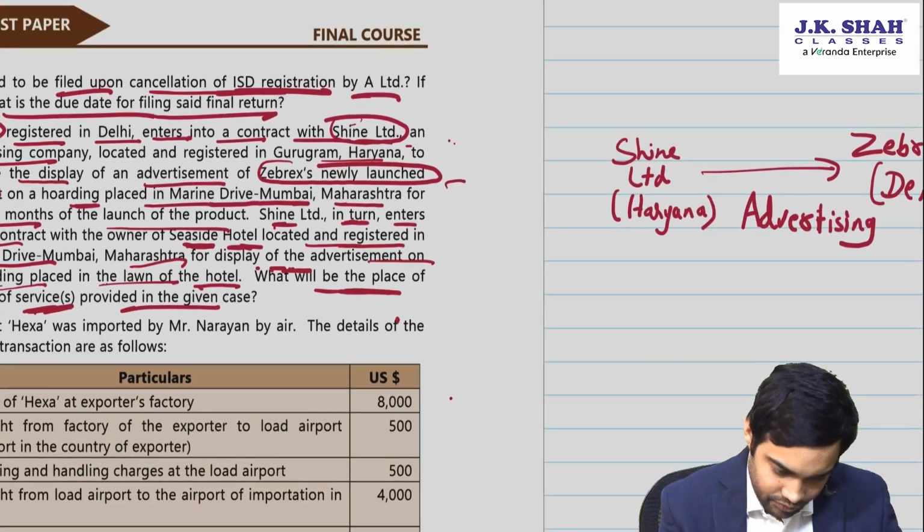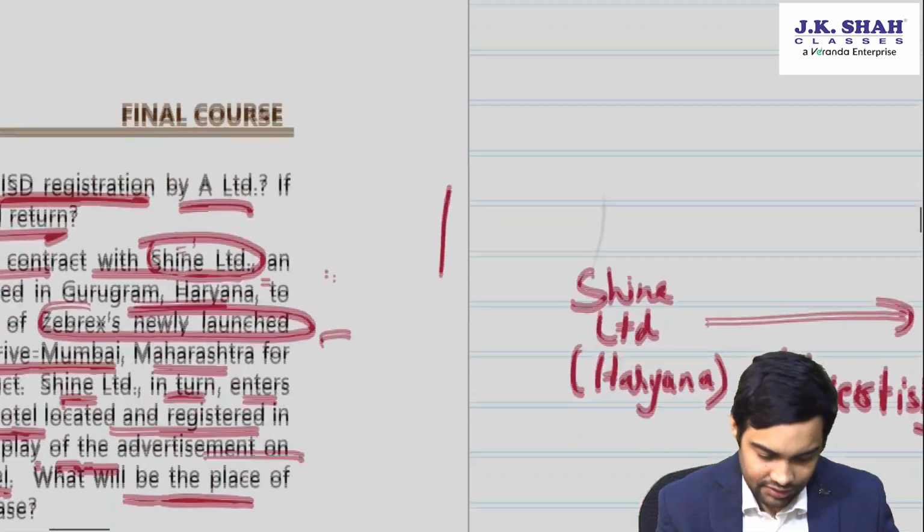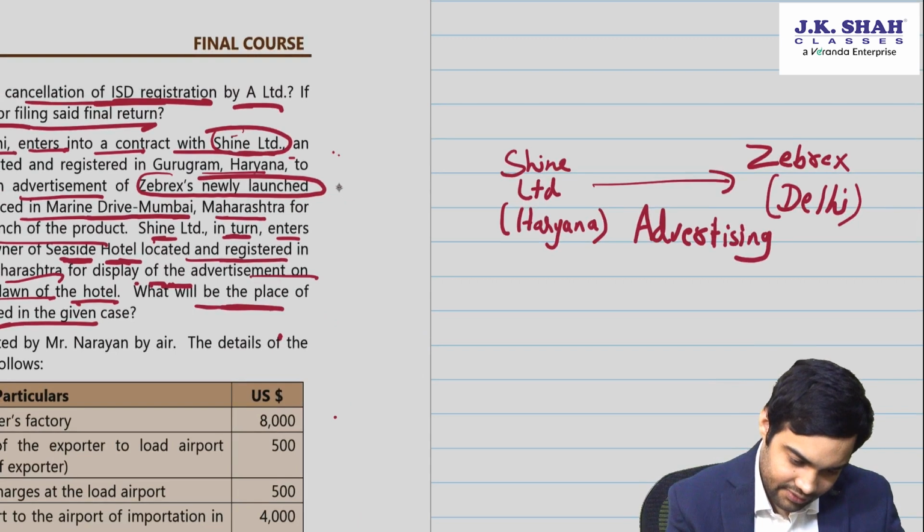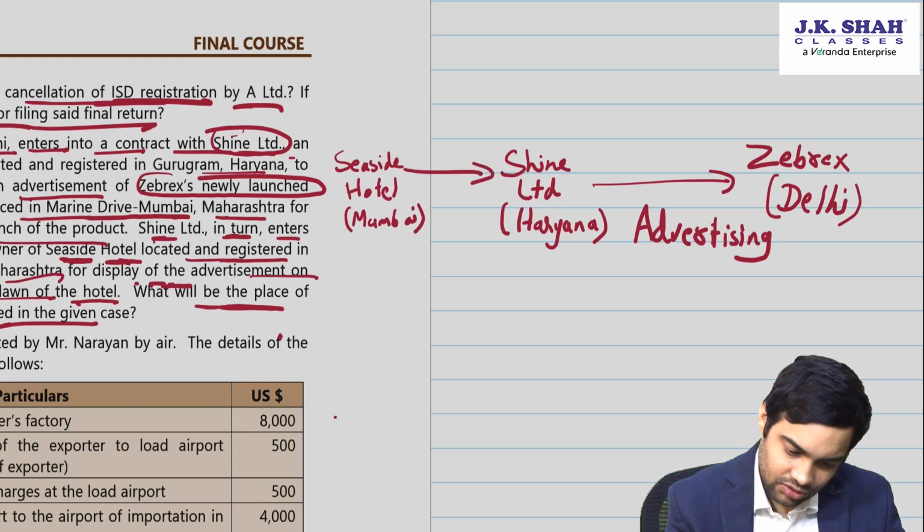Now, there is a third one, which is Seaside Hotel. Now, the Seaside Hotel is in Mumbai, and this is giving service to Shine Limited. And what is the service?